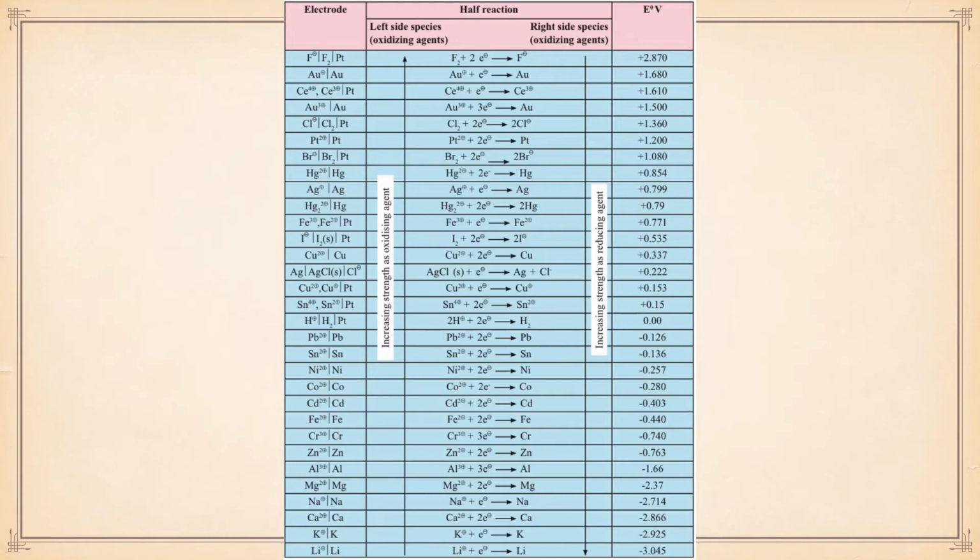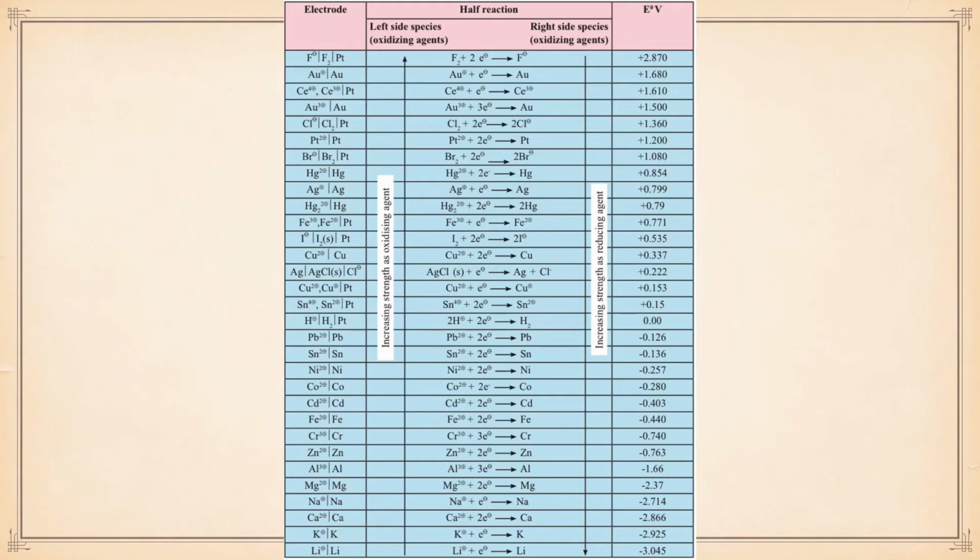Now if I say positive species, that means plus 2.870, it is the value of the fluorine electrode. That means it will always like to be reduced, so it will become my cathode. Now for any other, for example nickel plus 2 electrons going to nickel, it is minus 0.257.